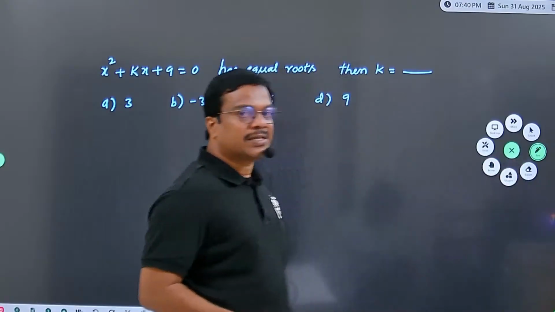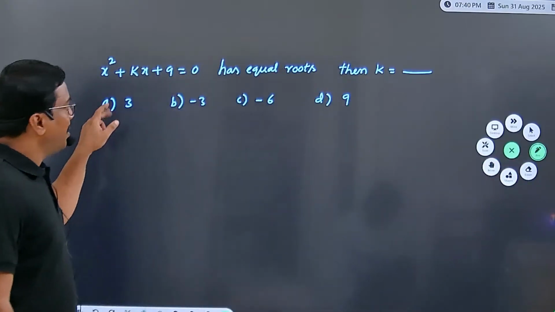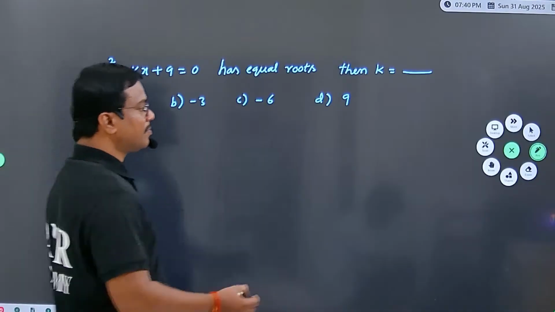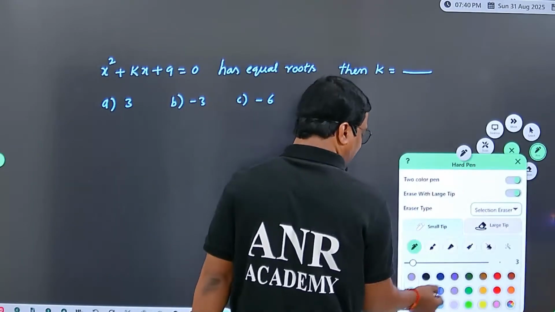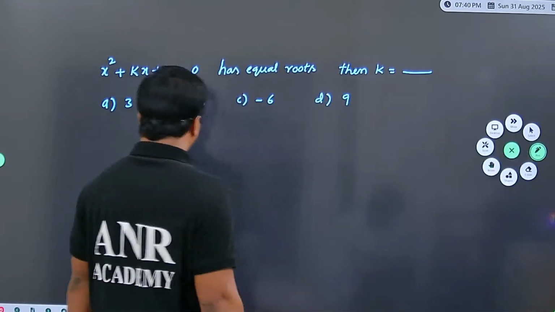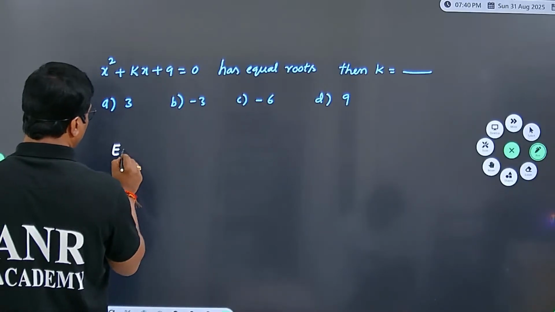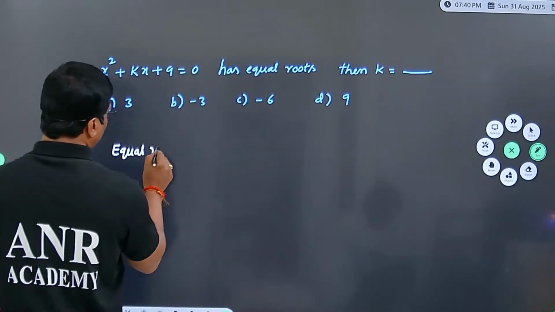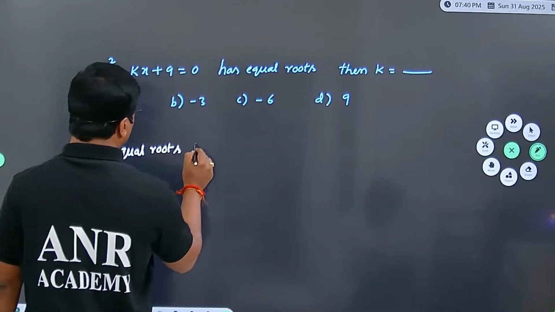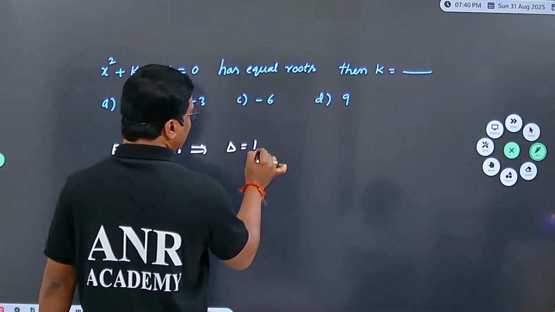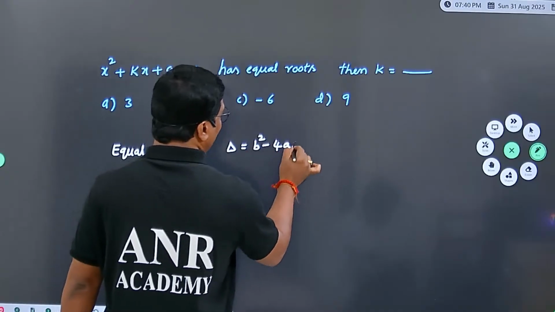Yes, here given that the equation has equal roots, we know the condition for equal roots. I am going to write the condition for equal roots. Equal roots implies discriminant delta, that is b square minus 4ac equal to 0.